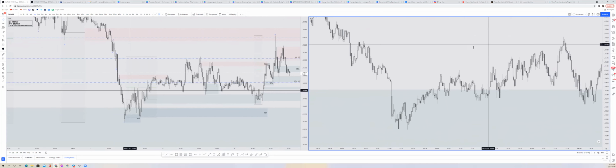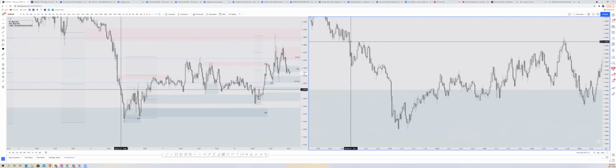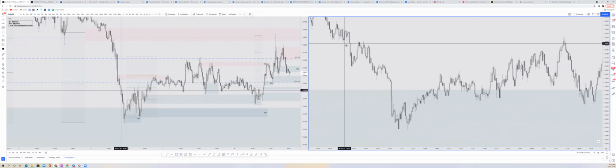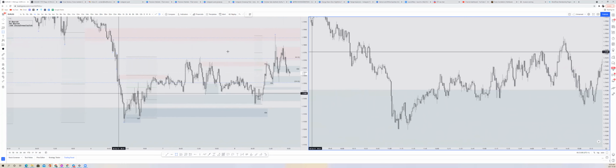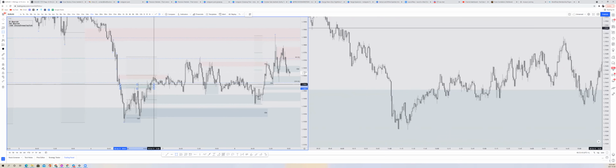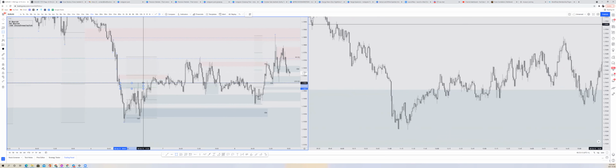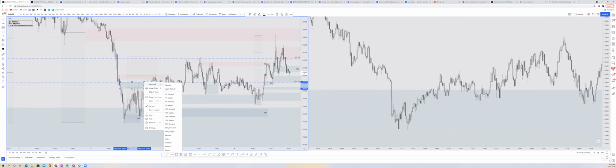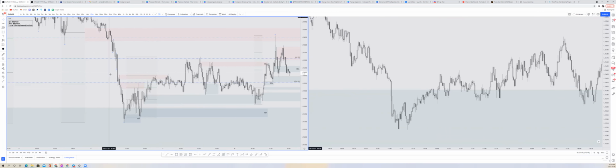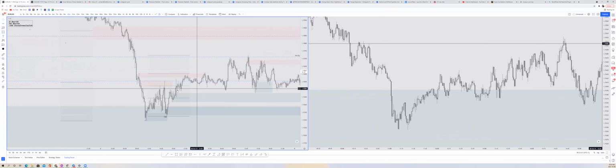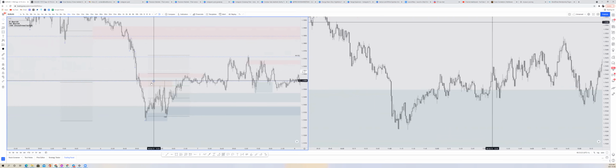I had all this stuff drawn, but I believe this would be our 10-minute. Let's cycle through here. I think I did have that doji pulled.